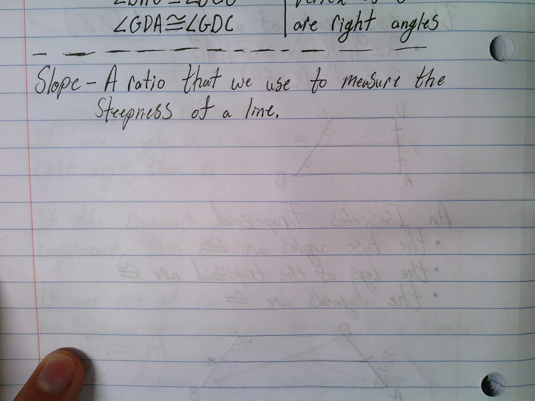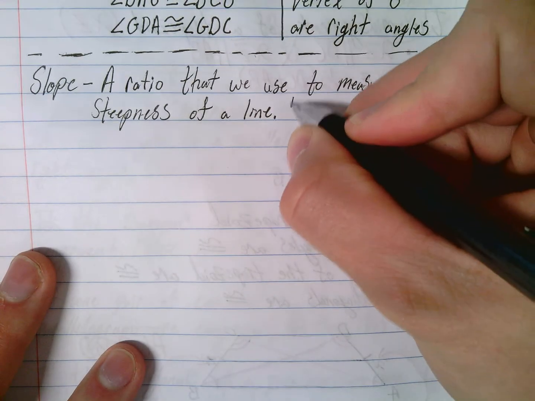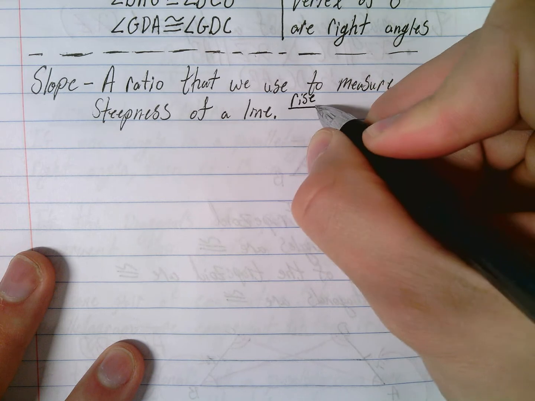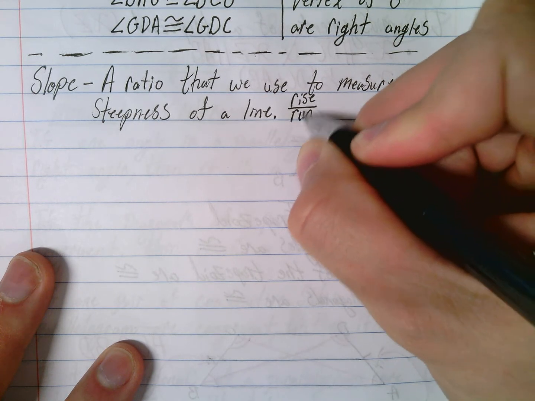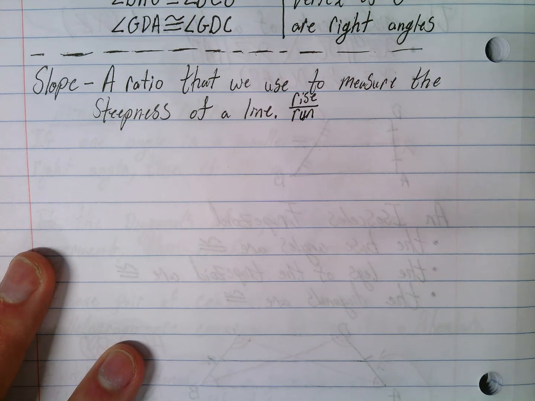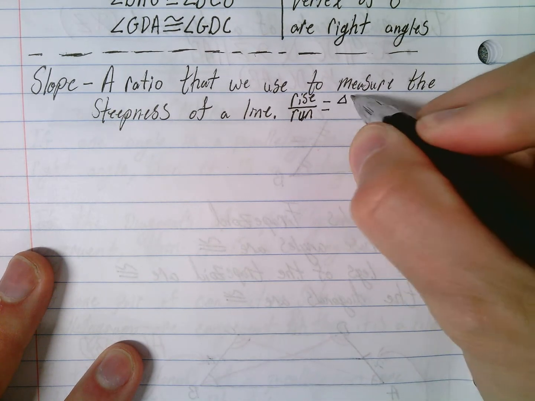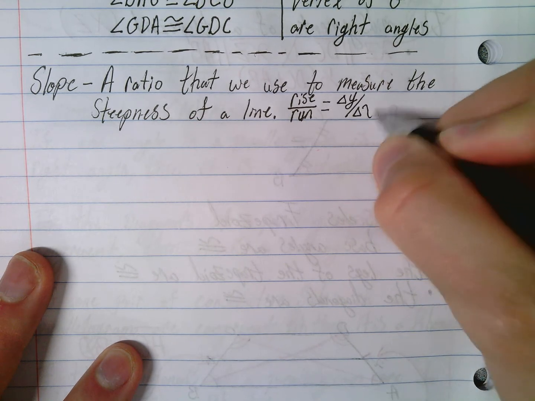And as Gavin Newman had mentioned earlier, this ratio is the amount we rise over the amount we run. It's rise over run. Another way to think about this will be your change in y over your change in x.